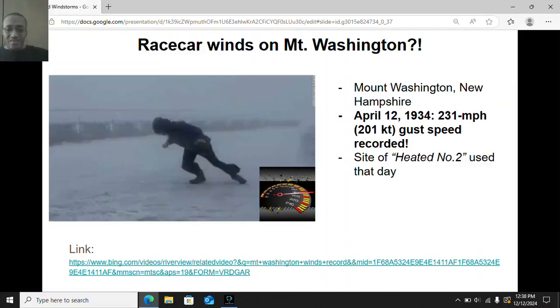The instrument that they used that day is still up for display at the museum. And so if you intend to visit Mount Washington, do try not to get blown over.